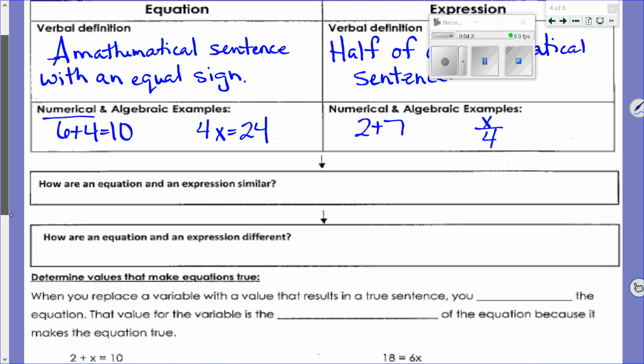Hello. Okay, how are an equation and expression similar? They both have numbers. I know. How are they similar? They both have numbers. What else do they have? They have mathematical signs. What do we call those? Plus. Addition.